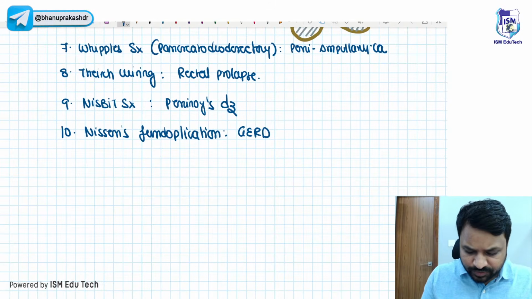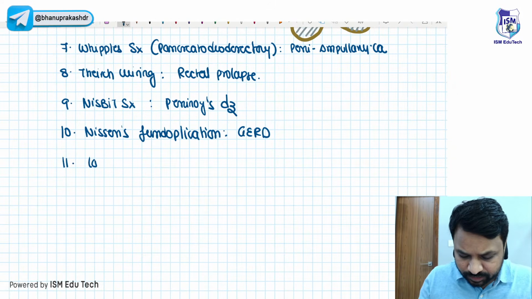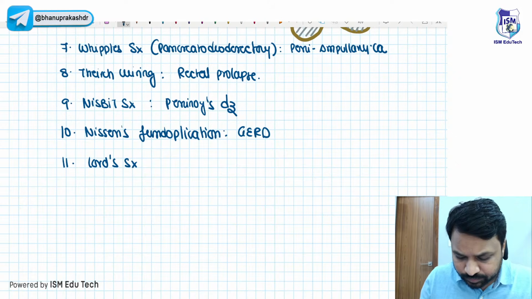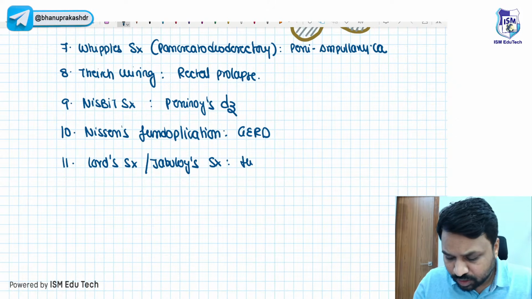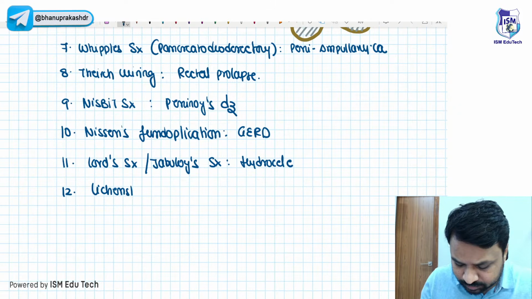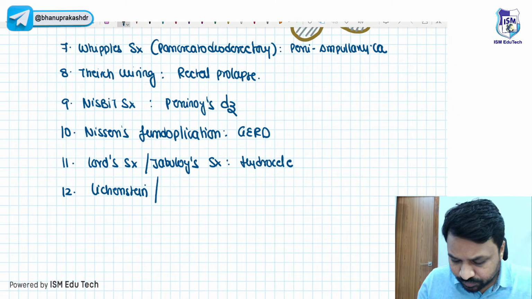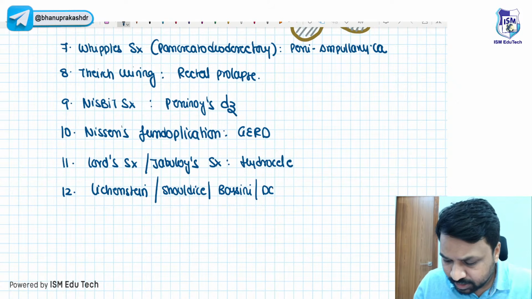I'll extend the list to 15. Just see if you know. We have Lord's surgery and also Jaboulay's surgery. Lord's and Jaboulay's are done for hydrocele. Then you have the Lichtenstein, the Shouldice, the Bassini and the Desarda.